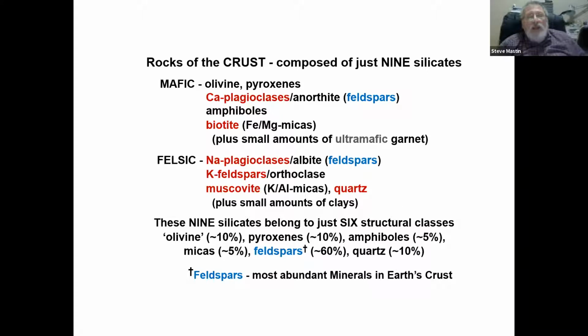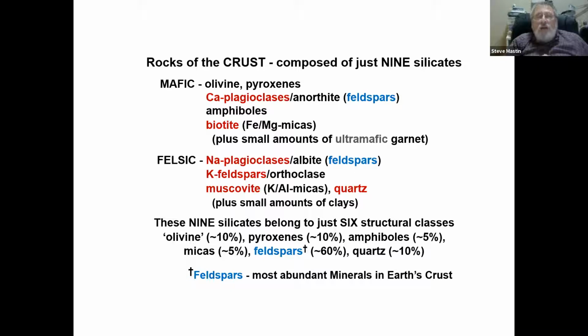All right, now to complicate matters a little bit more, the 9 silicates belong to just 6 different structural classes, sort of a general category. And you can see the different categories. And the thing to notice is that feldspars are by far the most abundant kind of silicate in the crust.